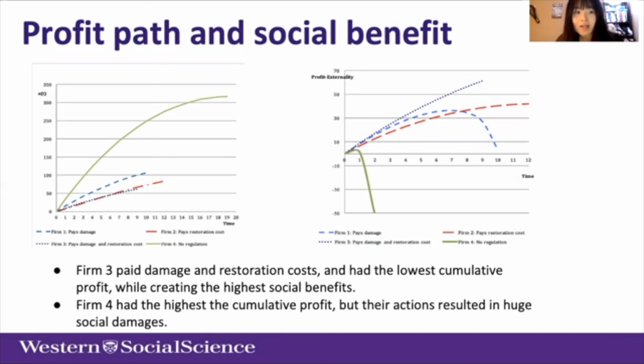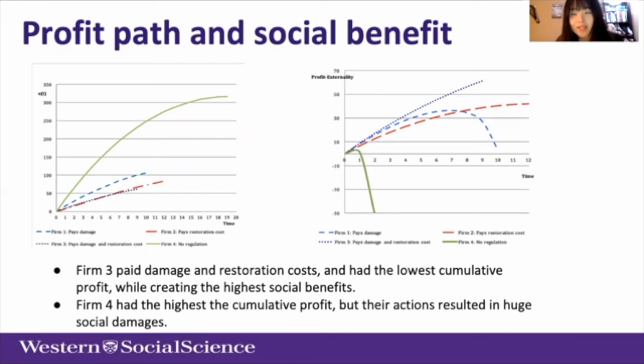This is because, as we can see from the previous slides, firm 3 produced the least pollution to the environment. However, firm 4, since it has no regulation fees to pay, accumulates the highest profit.